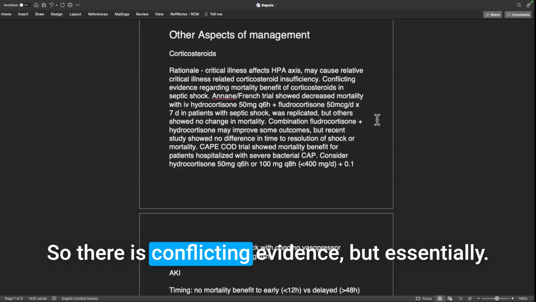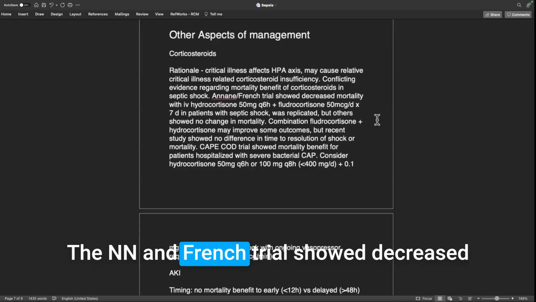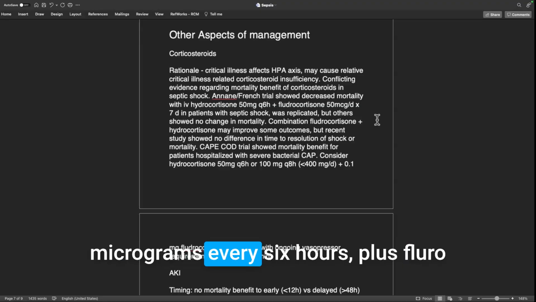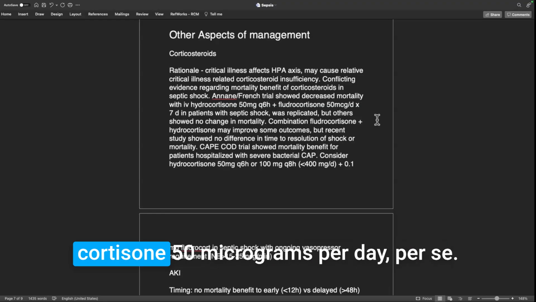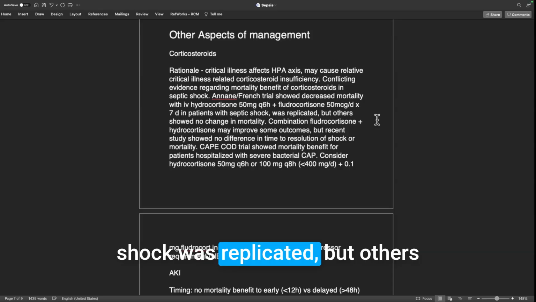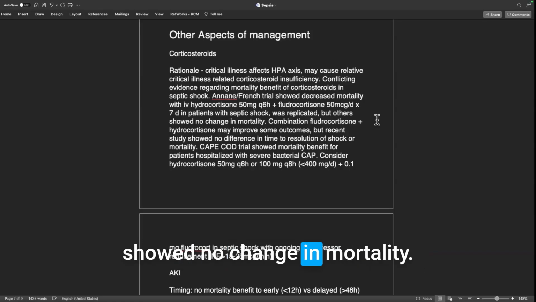There is conflicting evidence, but essentially the French trial showed decreased mortality with IV hydrocortisone 50 milligrams every 6 hours plus fludrocortisone 50 micrograms per day for 7 days in patients with septic shock. Others replicated this, but some showed no change in mortality.